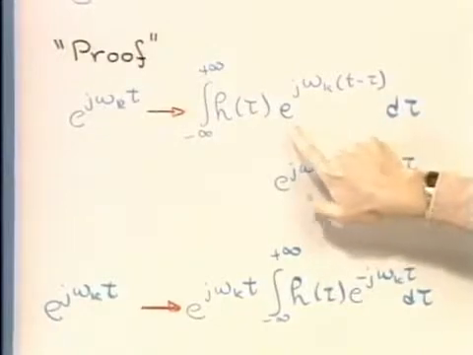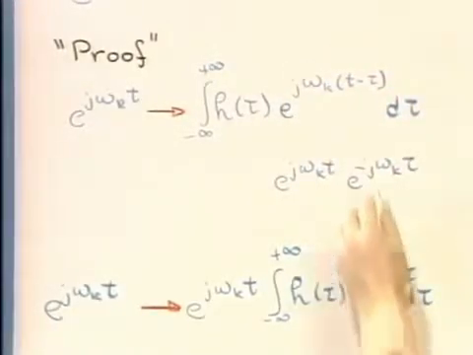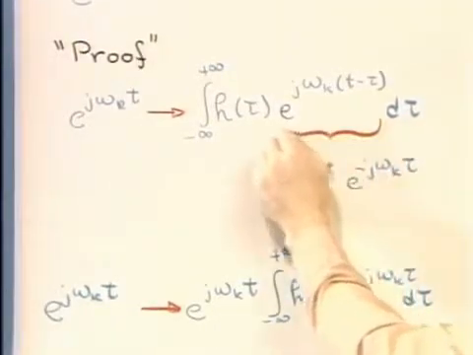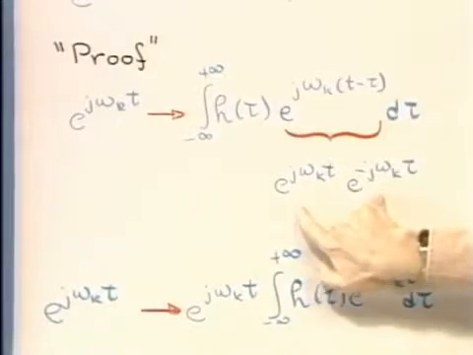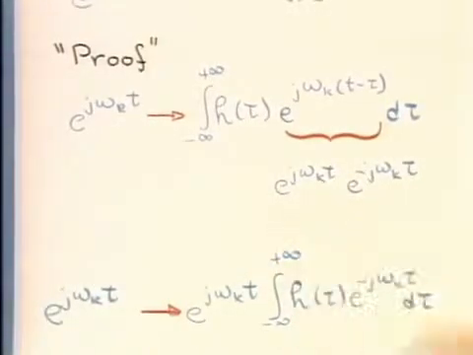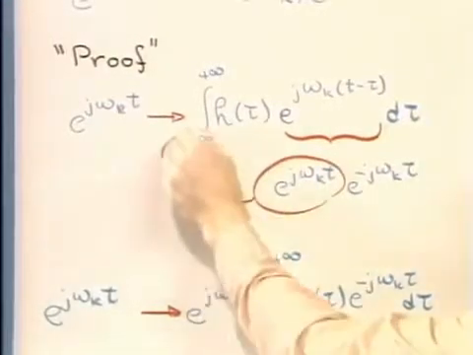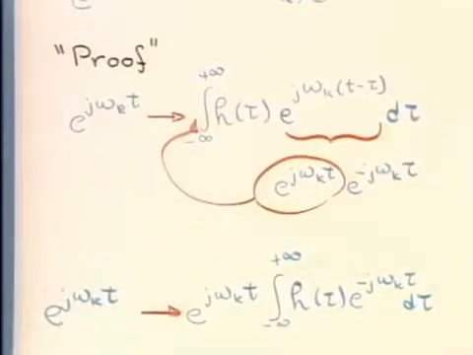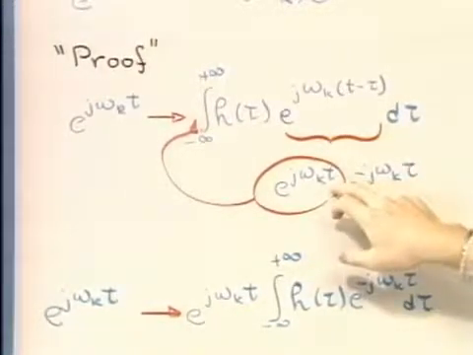We can then recognize that this complex exponential can be factored into two terms, and so we can rewrite this complex exponential as this product. Second, recognize that this term can be taken outside the integral over here because of the fact that it depends only on t and not on tau.